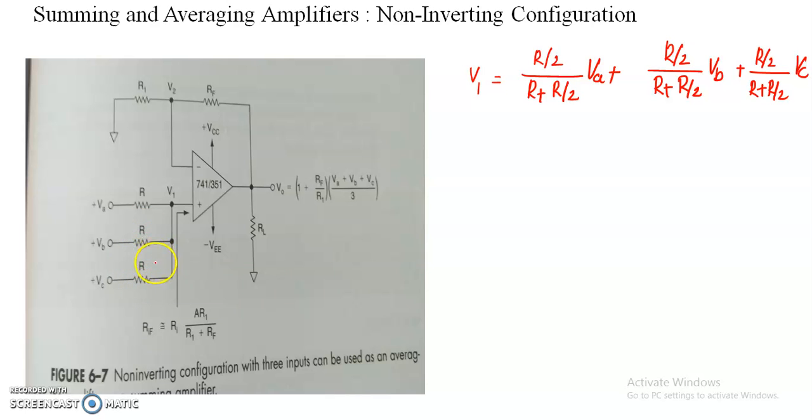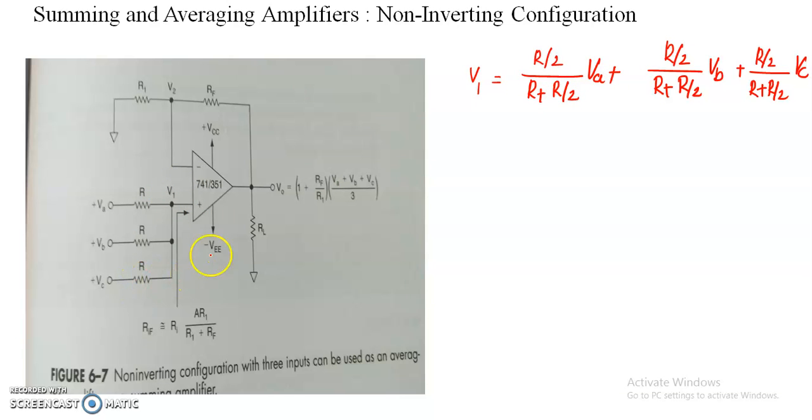Its effective resistance is 1 by R effective equal to 1 by R plus 1 by R. So the effective resistance will be R by 2. So two resistors R and R by 2 are in series. So its effect due to VA will be given by R by 2 divided by R plus R by 2 into VA.